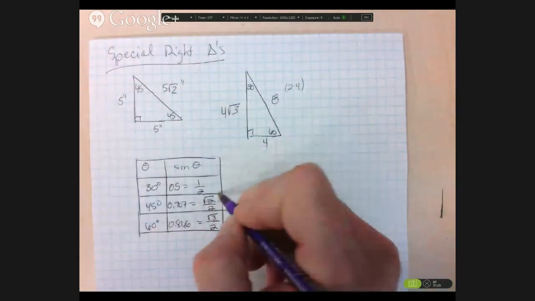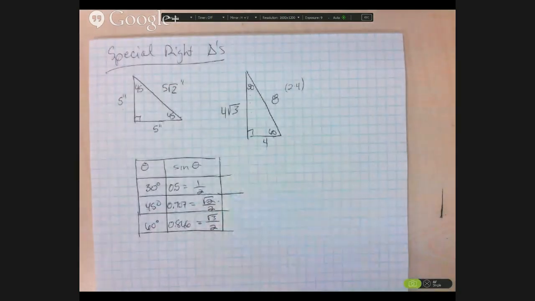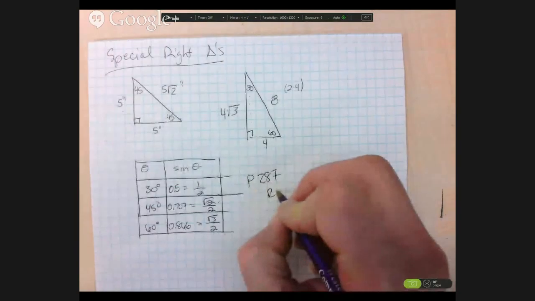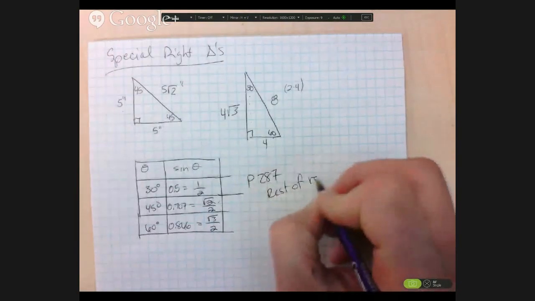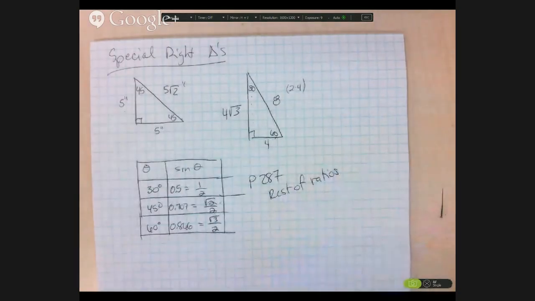You can do the same thing for cosine and tangent. They're in your book. If you turn to page 287, there's a table of ratios there that you can use.